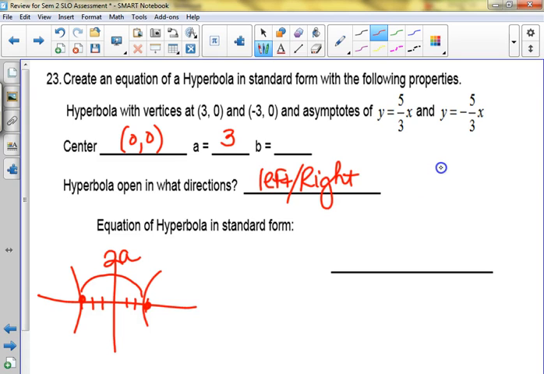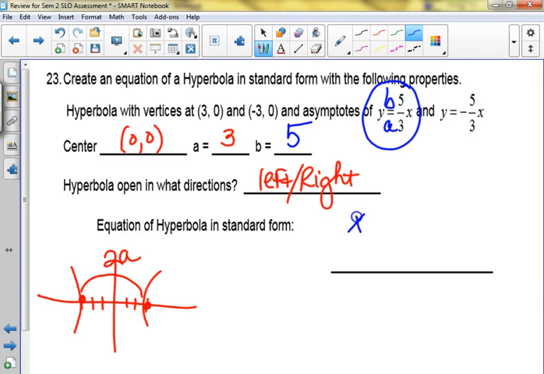Okay, how can we find B? Right here, in one that opens sideways, it's A over B or B over A for the slope. So this is B over A. Now, sometimes it's reduced, but if we already know A is 3, that means what? B is 5. Okay. Center's at 0, 0. Is it going to be x squared first or y squared first?